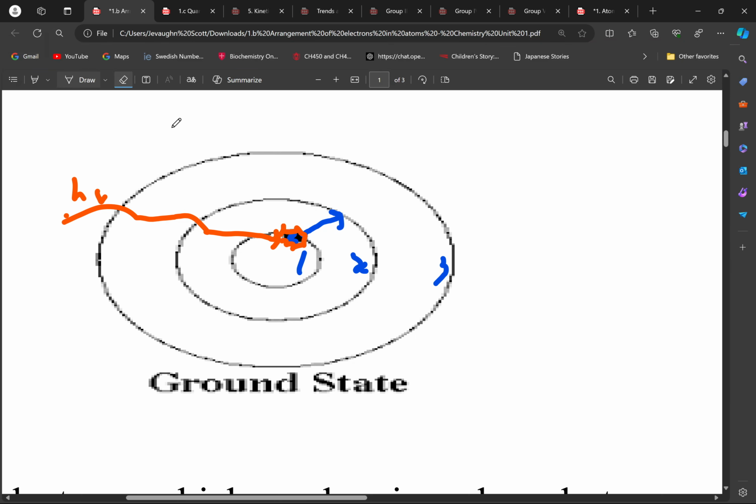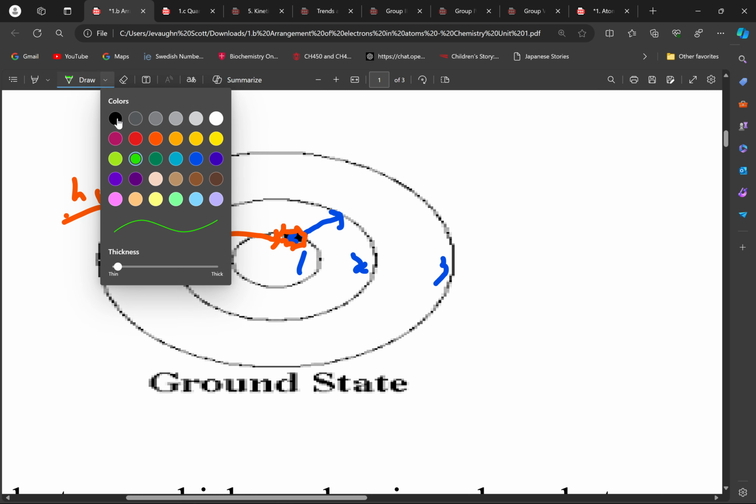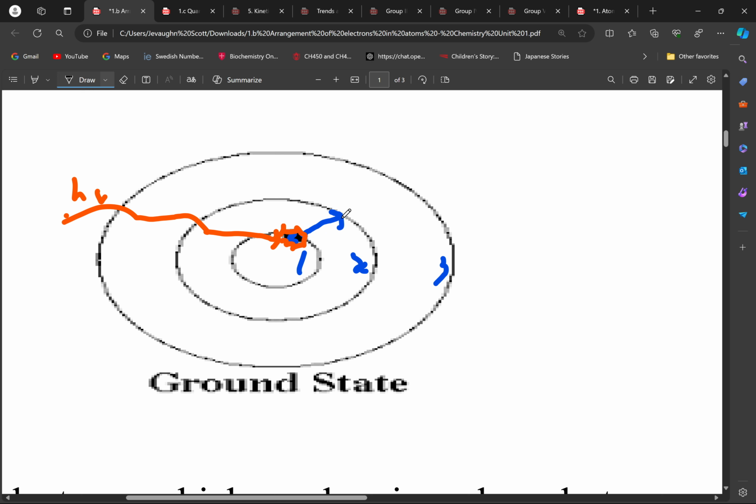So if we have something like that, the electron now will actually move to the higher energy level. We're going to have some amount of excitation. This electron now exists here. Are we following so far? So we have the excitation from this energy. The electron moves to the second energy level.